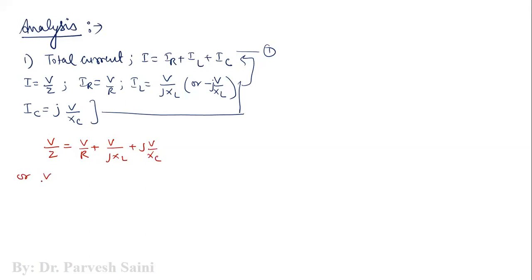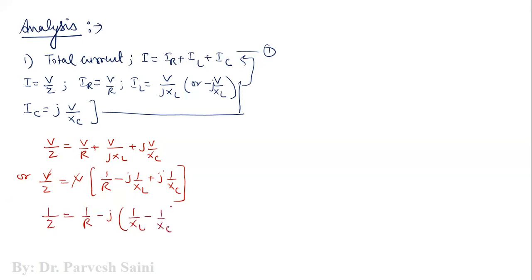V is common, so we have 1 by R minus J times 1 by XL plus J times 1 by XC. So V and V cancel out here. Hence, we are left with the impedance components. 1 by Z is equal to 1 by R minus J, taken as common, 1 upon XL minus 1 upon XC. So from here we can find out the impedance.